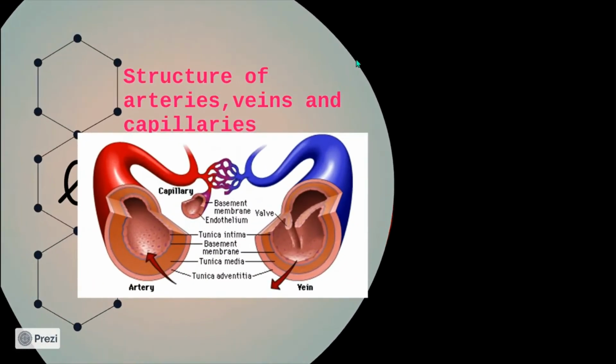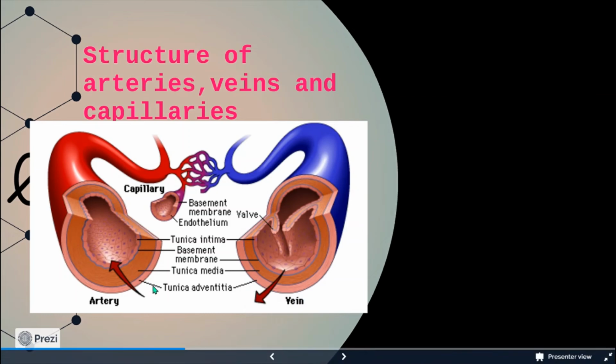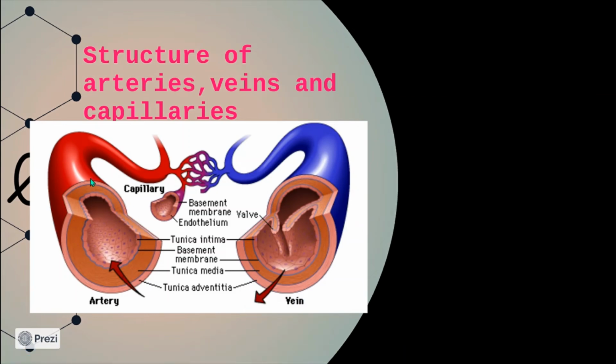Next, we are going to learn about the structure of the arteries, veins and capillaries. Here, you can observe that the artery walls are thick and elastic, but the veins are less elastic and thin. This is because the arteries have the big responsibility of withstanding the high pressure of the blood being directly pumped into them, but the veins don't have that much responsibility.